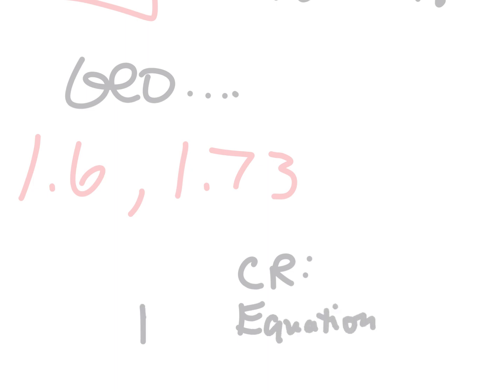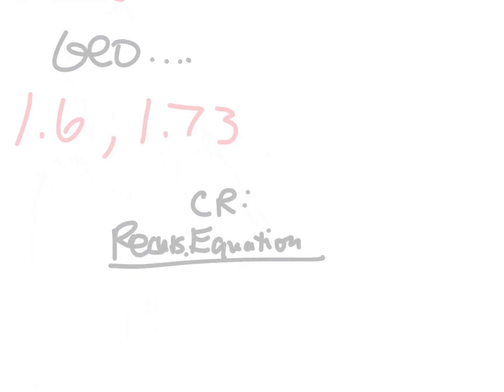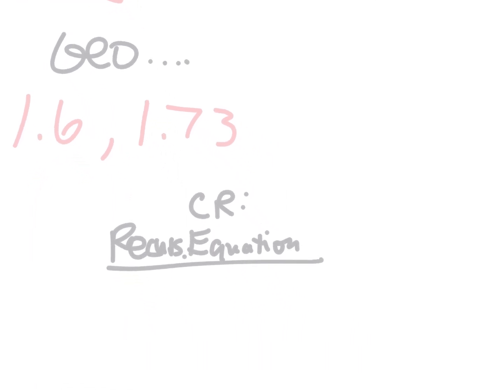It's a recursive equation. If this is geometric, which I'm telling you it is, you should be able to figure out the common ratio and then the recursive equation for it.